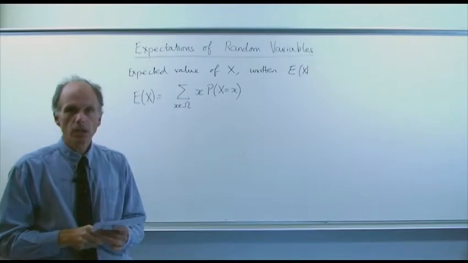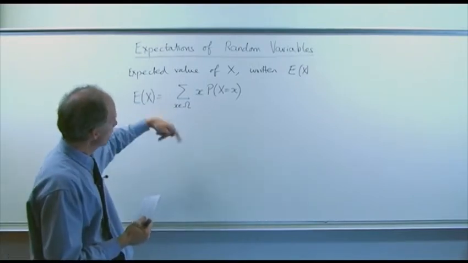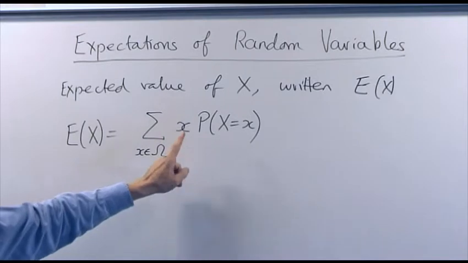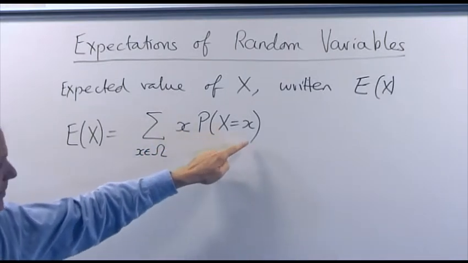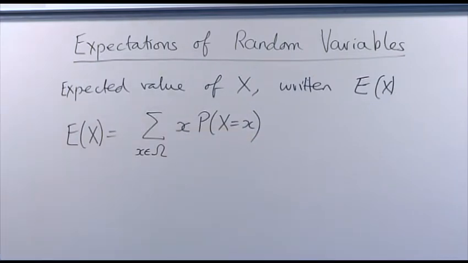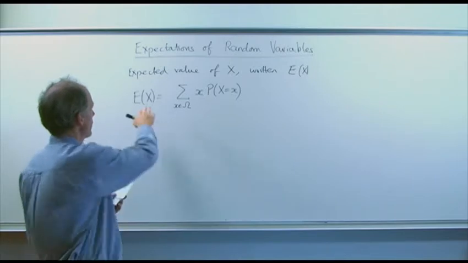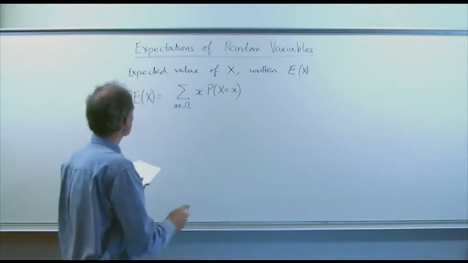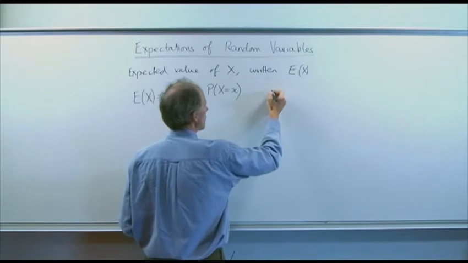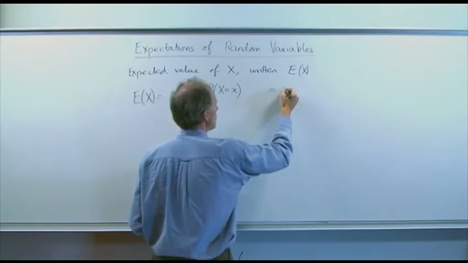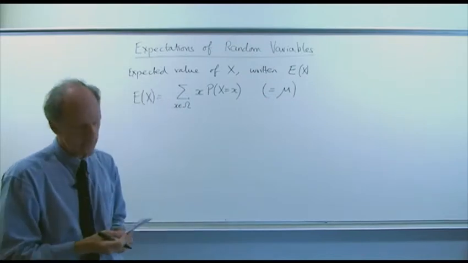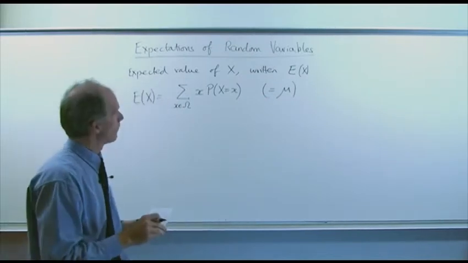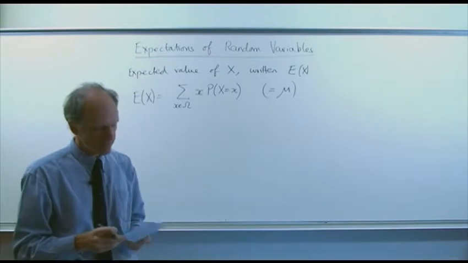So for each element in the sample space, each one in turn, we substitute in here the value multiplied by the probability of taking that value, and we add them all up in a list, and that gives us the expected value of x. And I'm going to write this, which is often used as mu, just for shorthand for the expected value of x, which we can use in future. It makes it a bit simpler in writing it down.